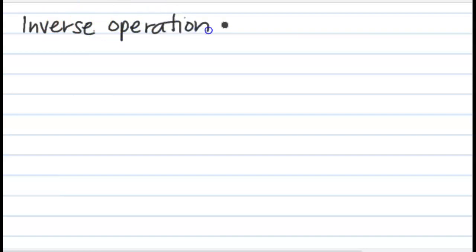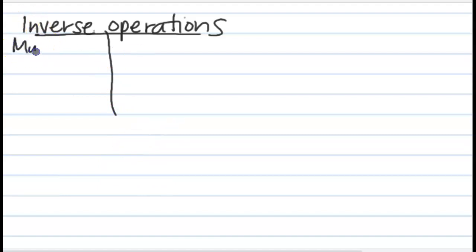Okay, next we're going to talk about inverse operations, which is what you need to solve an equation. Inverse operations. Okay, so inverse operations work in pairs where they are inverses of each other.